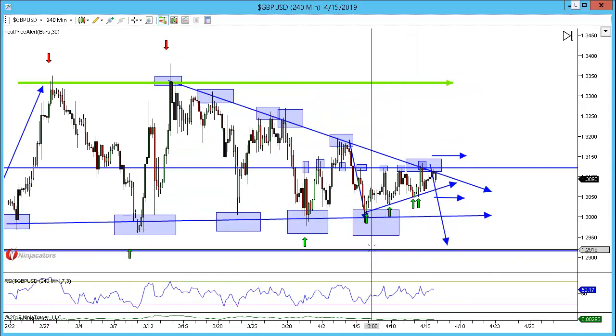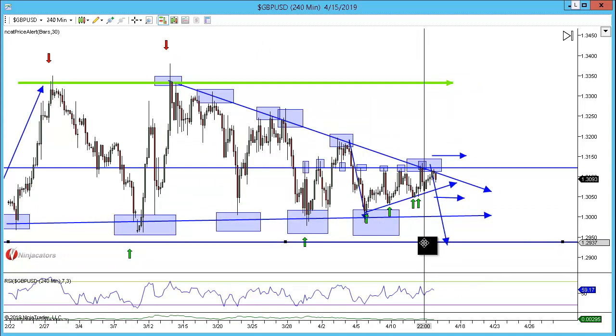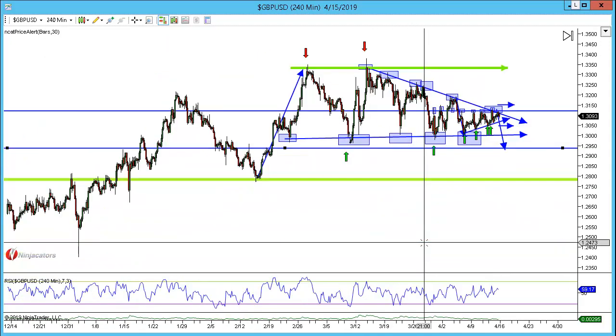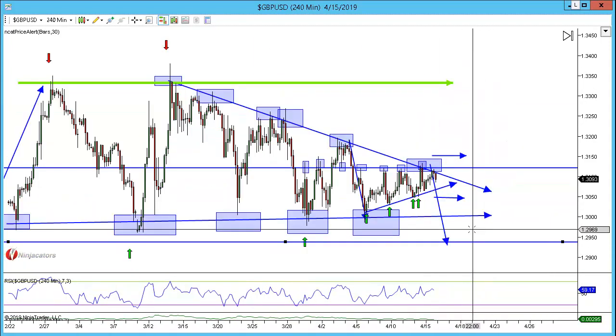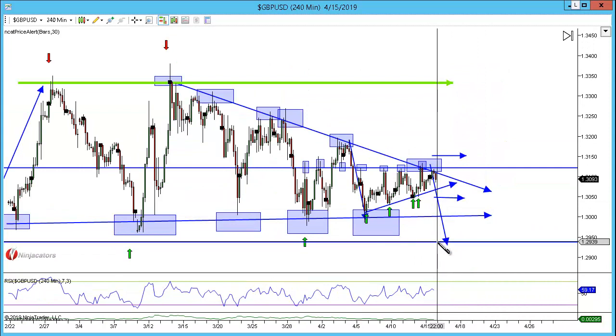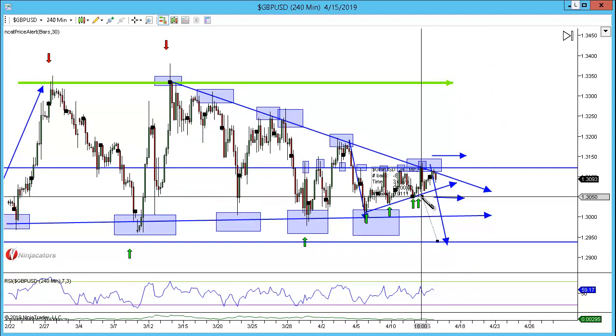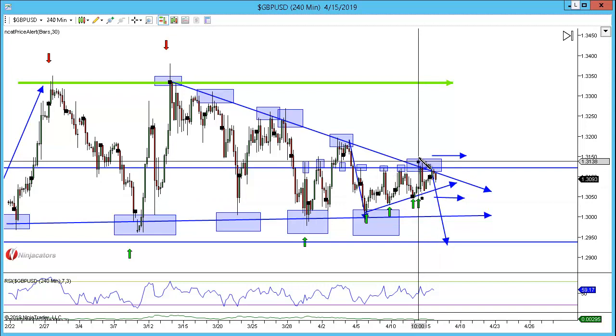Is there any structure there? What's this level? Let's have a look. Not really.